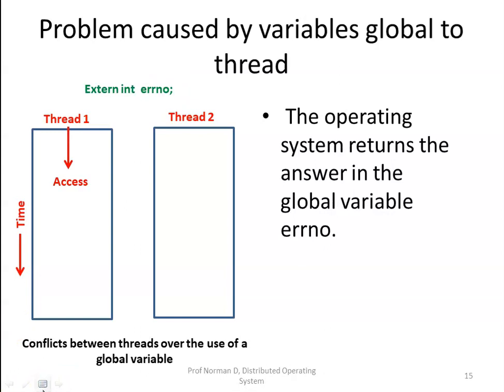After the control has written to error number for thread 1, but before it has a chance to read it, the scheduler decides that thread 1 has had enough CPU time for the moment and switches to thread 2.